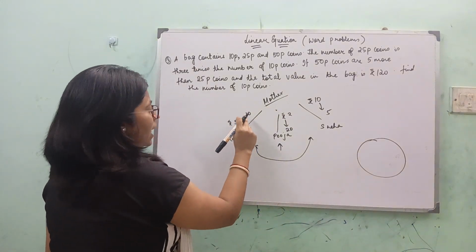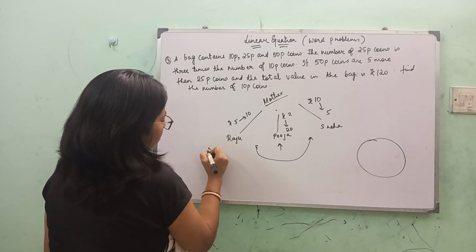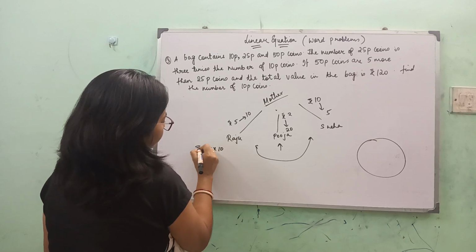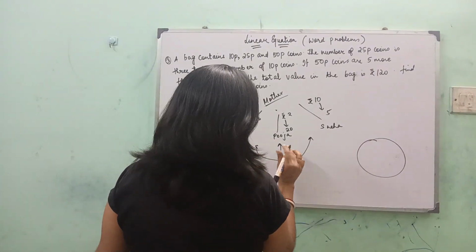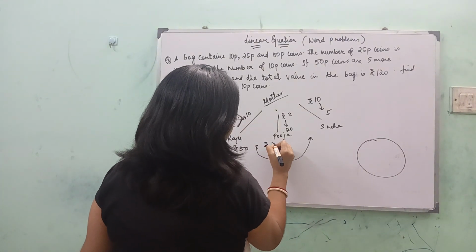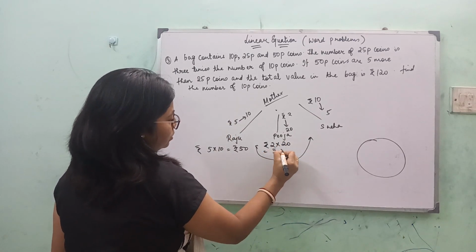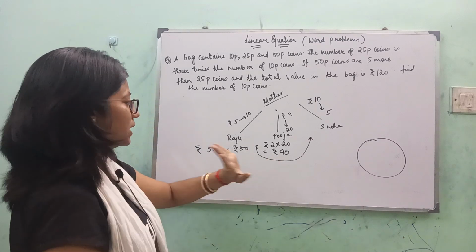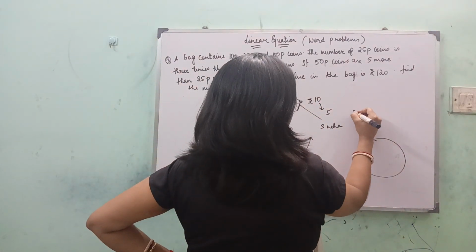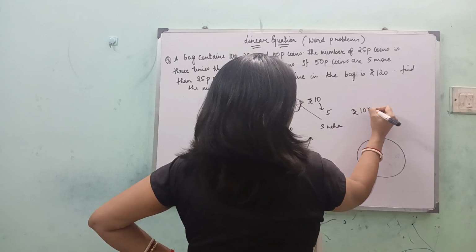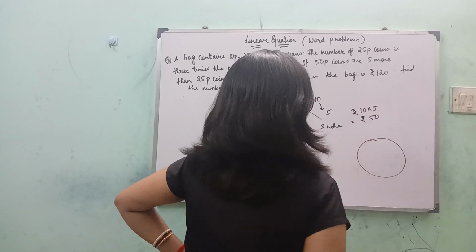So Raju says, see, I have 10 five-rupee coins. So Raju has 50 rupees. Pooja says, I have 2 rupee coins, 20 in number. So 40 rupees she has. Sneha says, I have rupees 50.